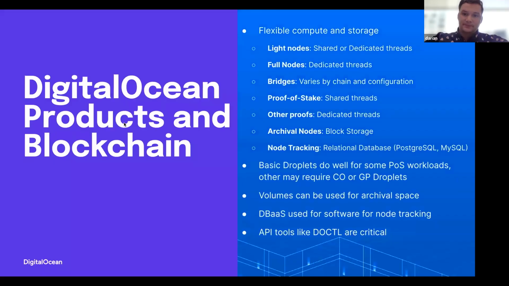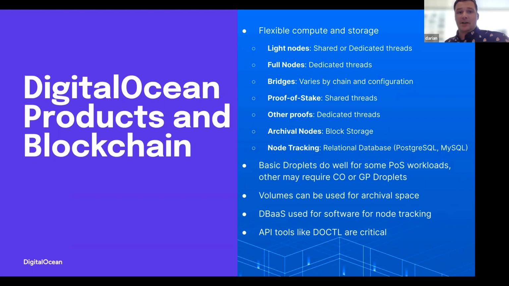Next slide, please. Great. So I wanted to talk about a few different products that DigitalOcean offers and how they can apply to some of these different blockchain workloads we've been focusing on. So first of all, the compute and storage requirements obviously differ, and as a result, DigitalOcean has multiple different droplet types with different types of compute and different types of storage.